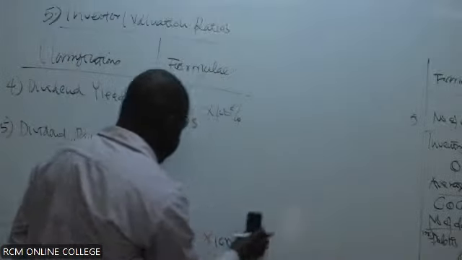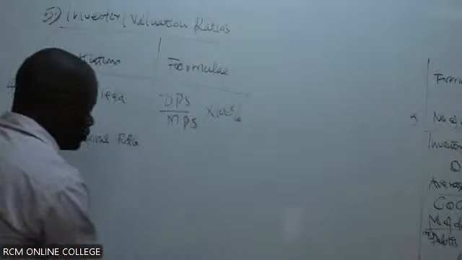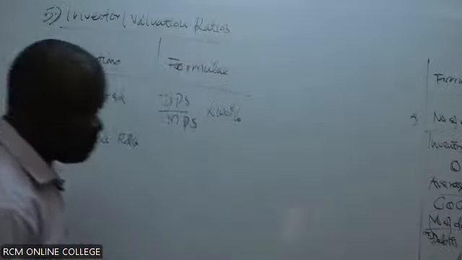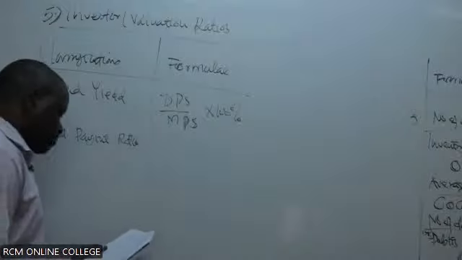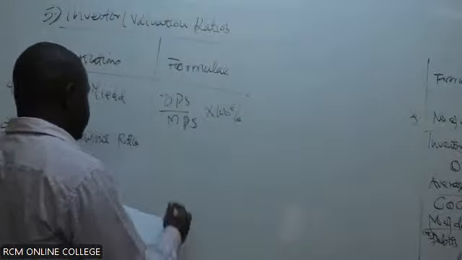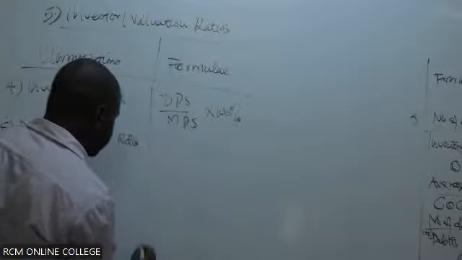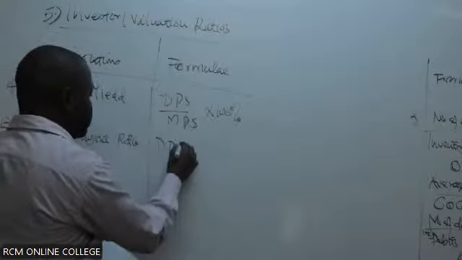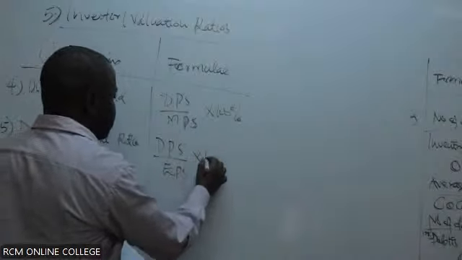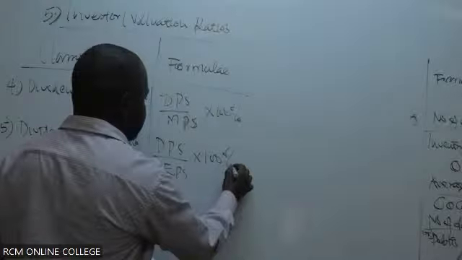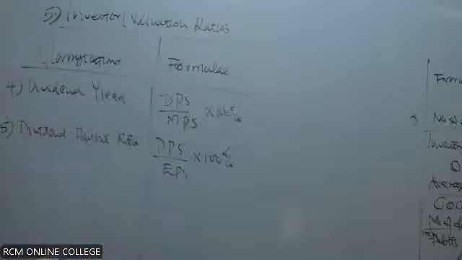It is DPS over EPS, or earnings per share, multiplied by 100%. So you take dividends per share, divide by earnings per share, and multiply by 100%.